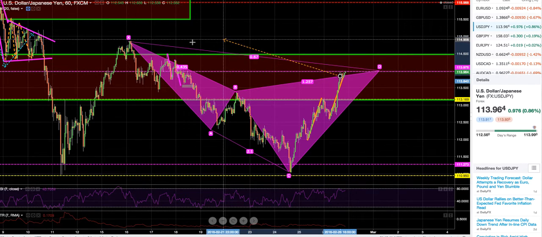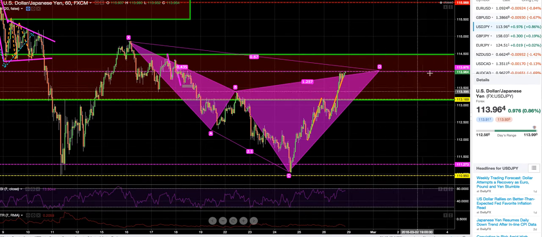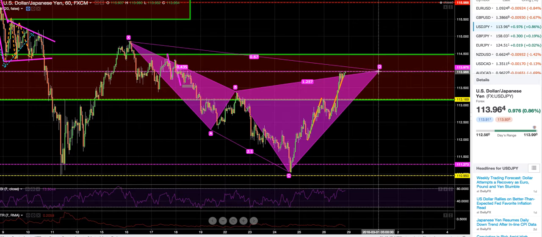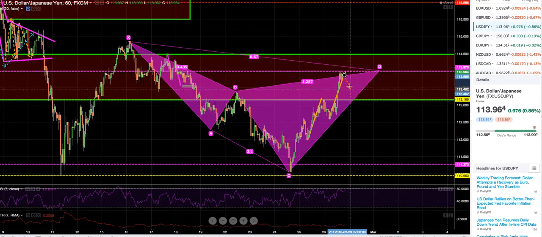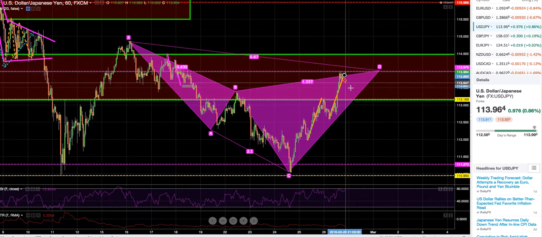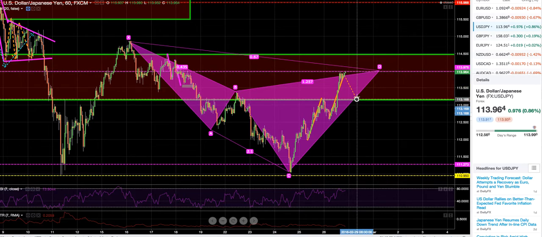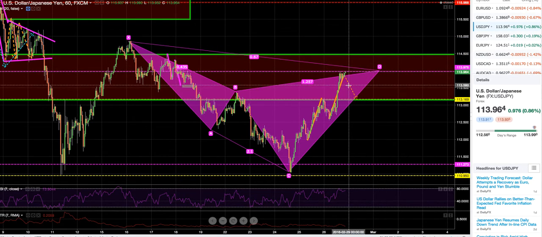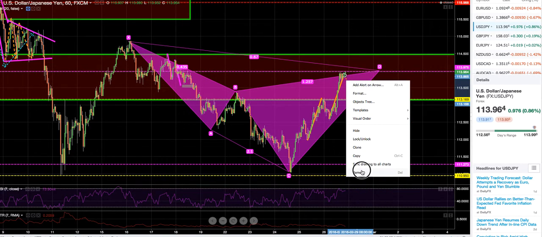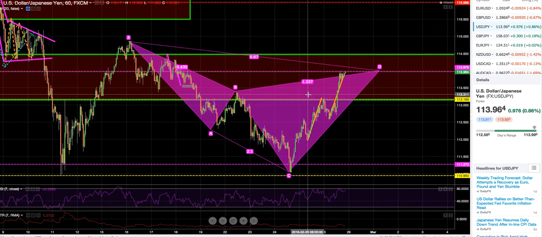Not easily, but of course we are inside a structure area, and I am expecting the market to either turn around or at least give us a pullback, maybe until this level right here. If it's going to continue up, it does something like this, right? But anyway, that's my thought process on the dollar yen.